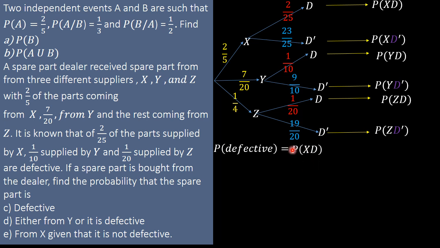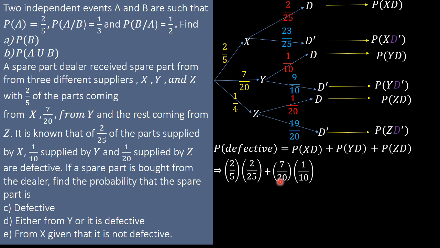So we have the probability of a part coming from supplier X that is defective, plus that coming from Y that is defective, plus that coming from Z that is defective. If we plug in everything, we have the probability of a part coming from X, then that it is defective, 2/25, plus the probability that it comes from Y, that is 7/20, times the probability that it is defective, 1/10. We do the same for Z: 1/4 times 1/20.